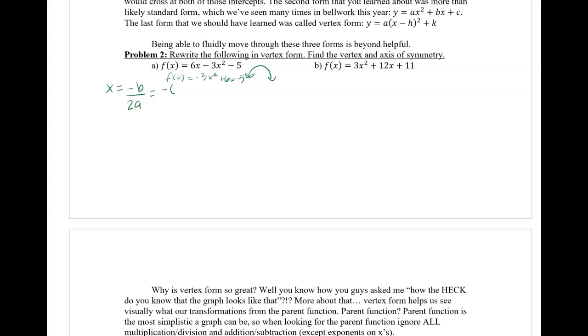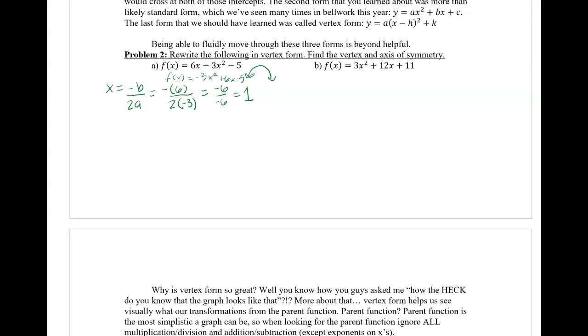So I've got negative from my formula, 6 from my original equation, all over 2 times a. Well, a is going to be that number out in front of my x squared, which is negative 3. So all in all, my x-coordinate should be negative 6 over negative 6, which simplifies down to a positive 1. So there's the x-coordinate of my vertex.